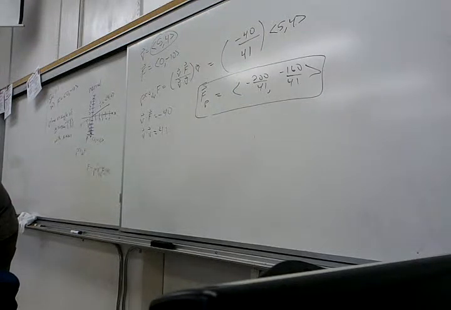Oh, here we go. Example 5 is almost the same thing as that one. They have it on a block, but still, it's the same kind of idea. You have a force straight down, and you're trying to project it onto a vector that's going diagonal. So example 5 is exactly like that one.